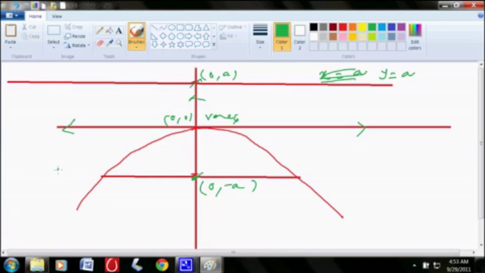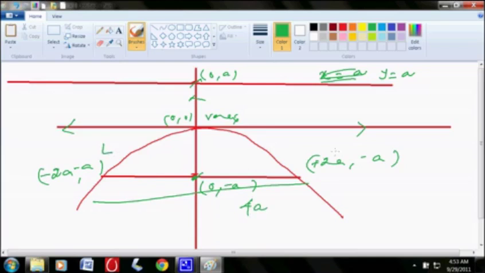So this is 2a, a, and this is 2a, a, with signs plus, minus, minus, minus. Length of latus rectum is 4a, as it's not changing.